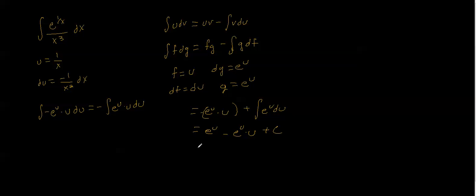When we substitute in 1 over x for u, the final expression that we end up with is e to the 1 over x times negative 1 plus x over x plus c. And that is the answer to this integral right here.